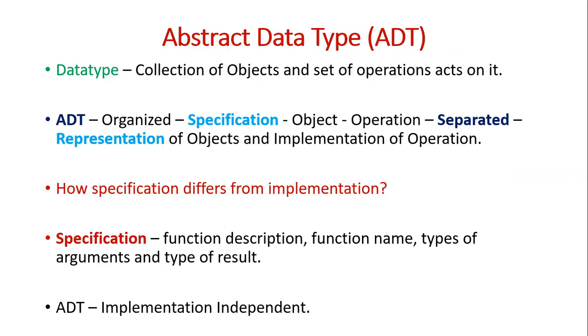An abstract data type is a data type which is organized in such a way that the specifications of the object and the specifications of the operations on the object are separated from the representation of the object and the implementation of the operations on the object.